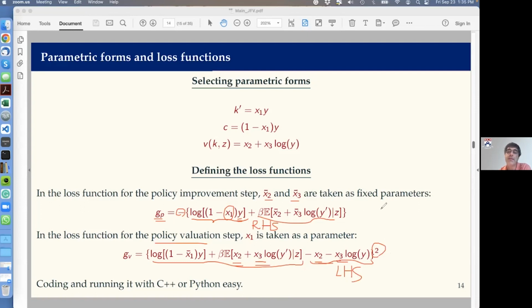And I keep just iterating. I pick x2 and x3, I find the x1 that makes this as small as possible, and then given that x1, I pick the x2 and the x3 that make this as small as possible, and I keep going back and forth. And coding this and running this in either C++ or Python is extremely easy, very fast, takes no time whatsoever.